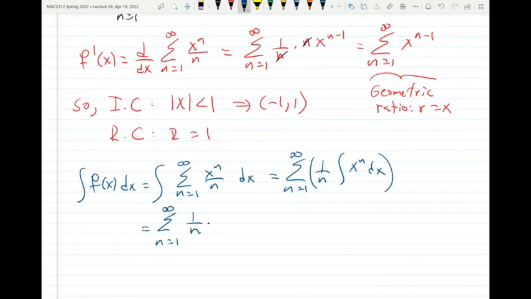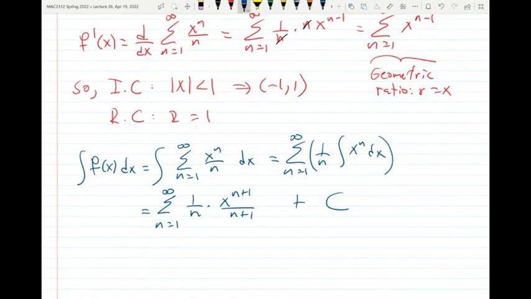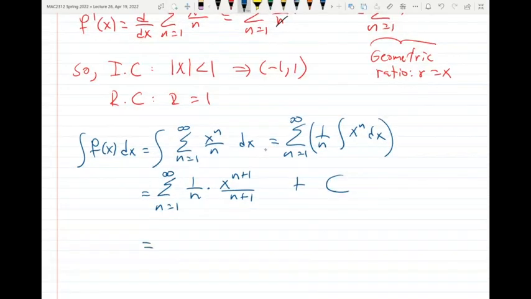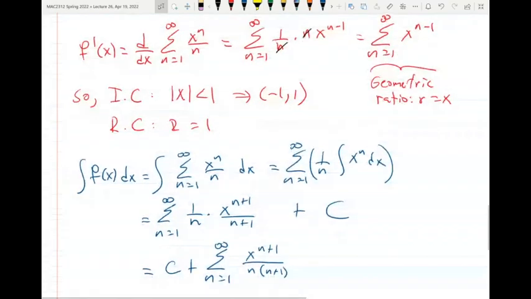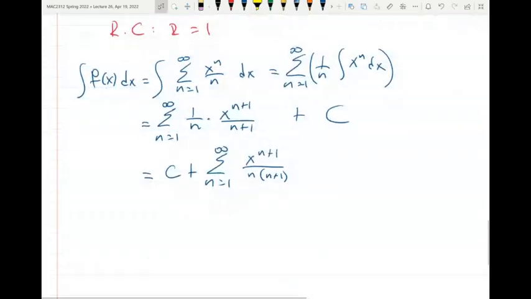So that's 1 over n times x to the n plus 1 over n plus 1, and then remember, plus c, a constant of integration. That's going to be equal to c plus the sum from 1 to infinity of x to the n plus 1 over n times n plus 1. Okay, so that's what it is, a constant.